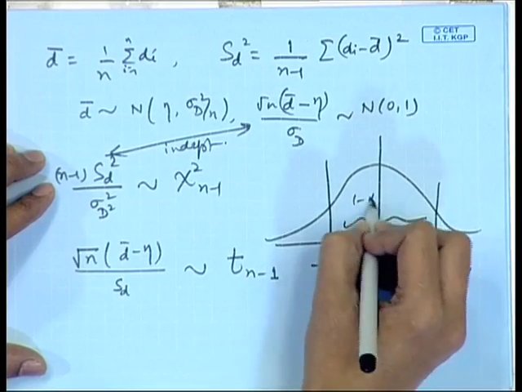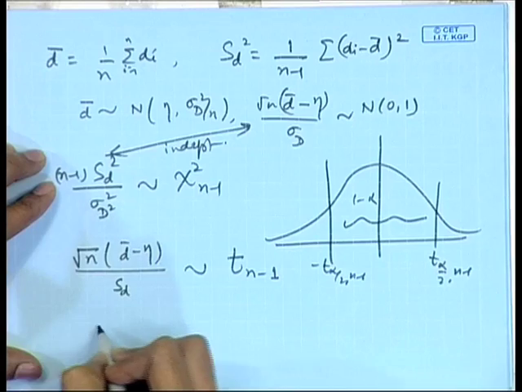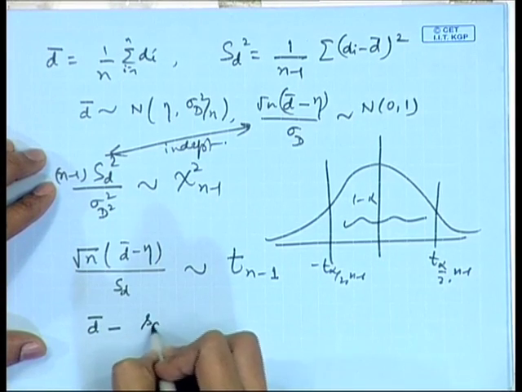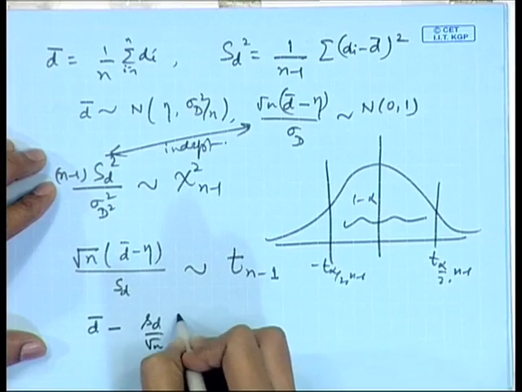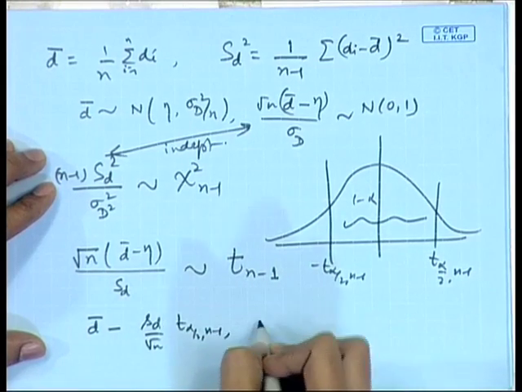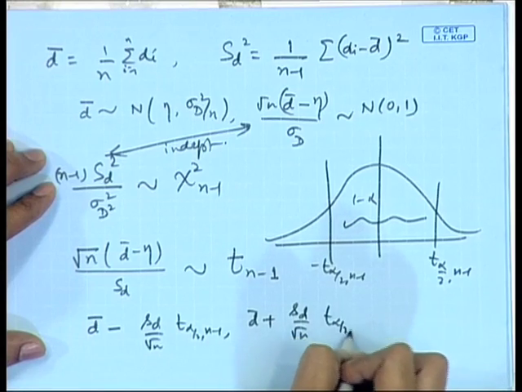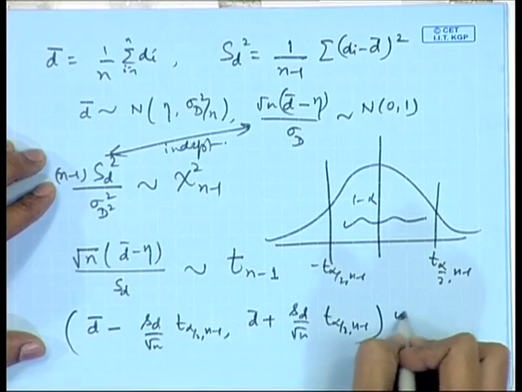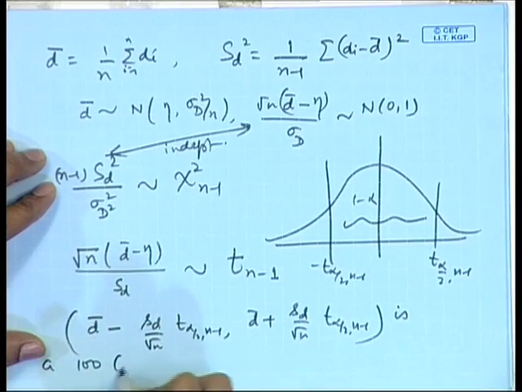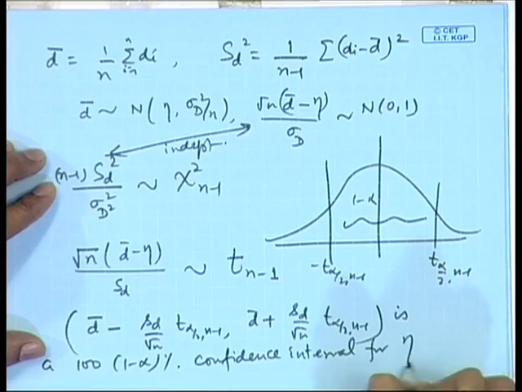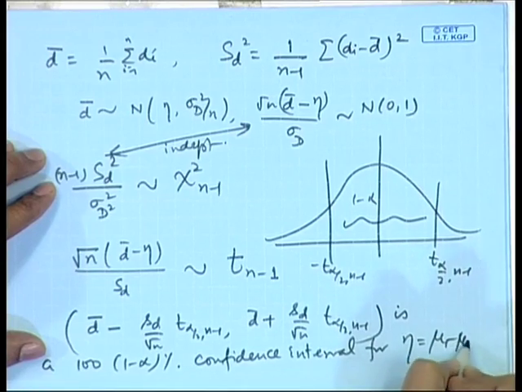This probability is 1 minus alpha, and we get d bar minus (S d by root n) t_{alpha by 2, n minus 1} to d bar plus (S d by root n) t_{alpha by 2, n minus 1}. So this becomes the 100(1 minus alpha) percent confidence interval for eta, that is equal to mu1 minus mu2.